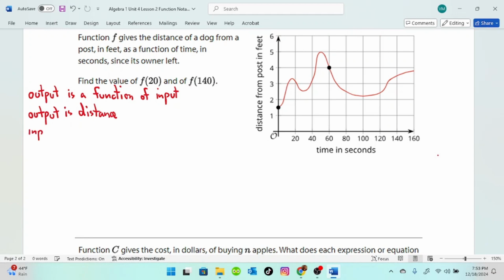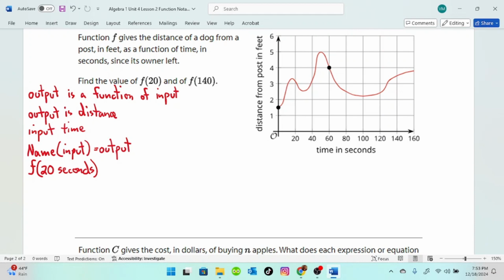Our input is time. Now, when I use function notation, I have name of input equals output. So in this case, the name is f. The input is the time, so that is f of 20 seconds.